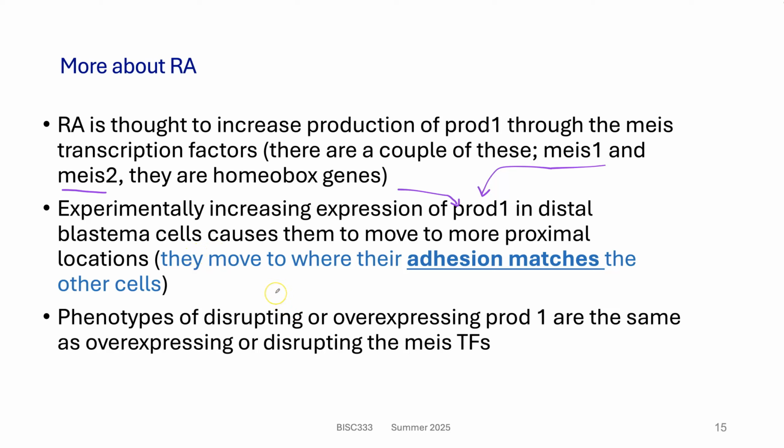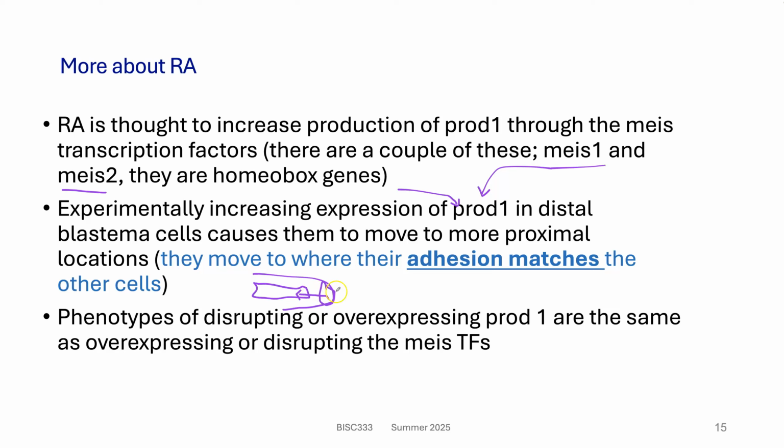So if you're looking at a distal blastema, and you artificially increase the expression of PROD1, the cells will actually start migrating to the more proximal location, where the humerus is going to form, for example.